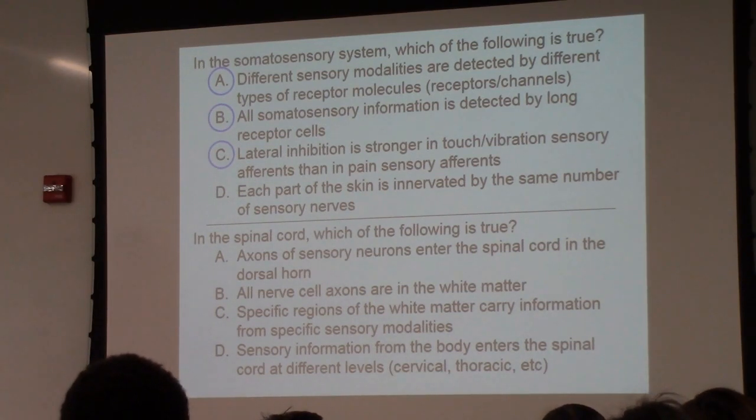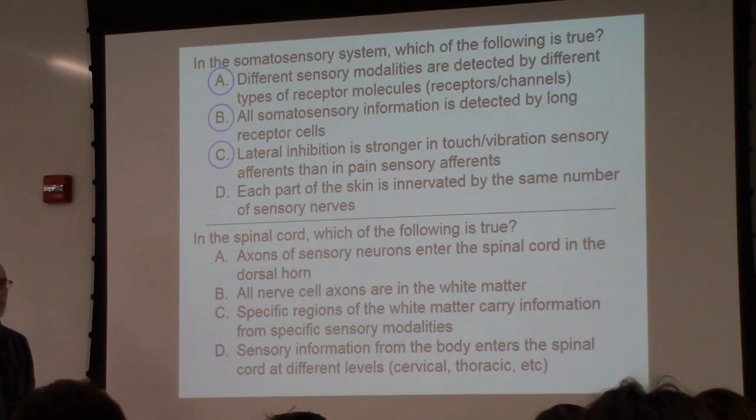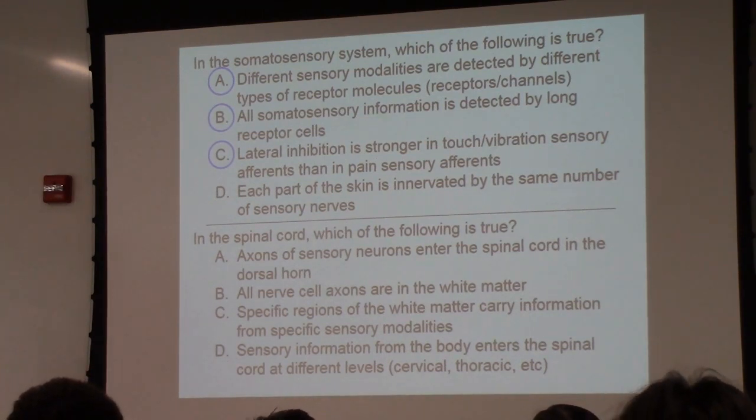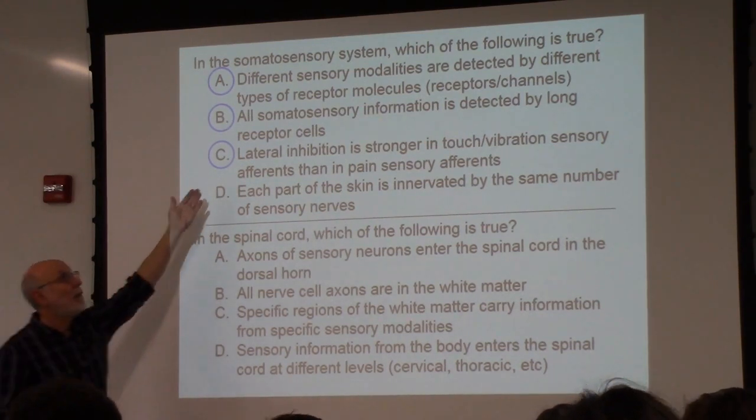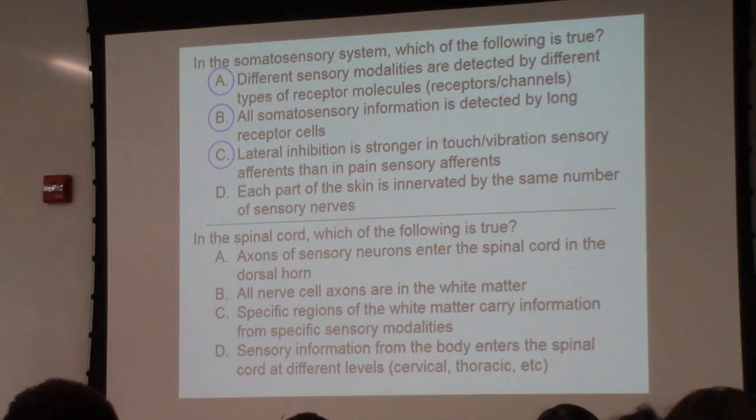Your receptive fields for pain, if you get a cut on your hand and it's inflamed, your whole hand hurts, not just the small area or if you get a splinter, where one tiny spot of inflammation, but a large area hurts not just because of the spread of inflammatory cytokines, which is also true, but because of the lower level of lateral inhibition in the pain pathway compared to the touch pressure pathway.